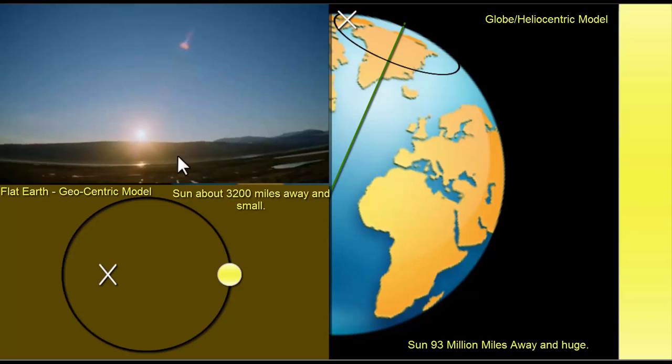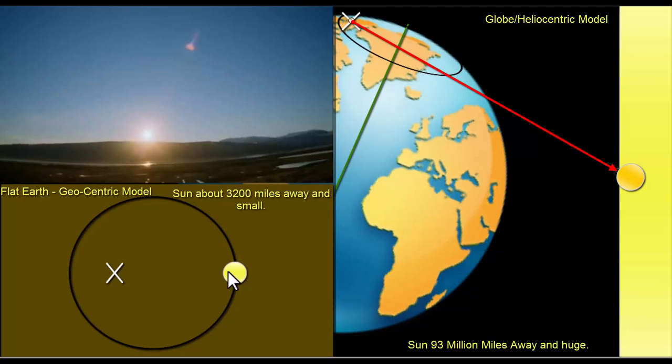The reason why the sun is very low in the sky on the globe model is that from this position here, the observer is looking down at the sun. The sun being 93 million miles away in this model could not have the sun rise and get lower because of the distance. It has to be because of the angle, the 23.4 degree angle tilt.